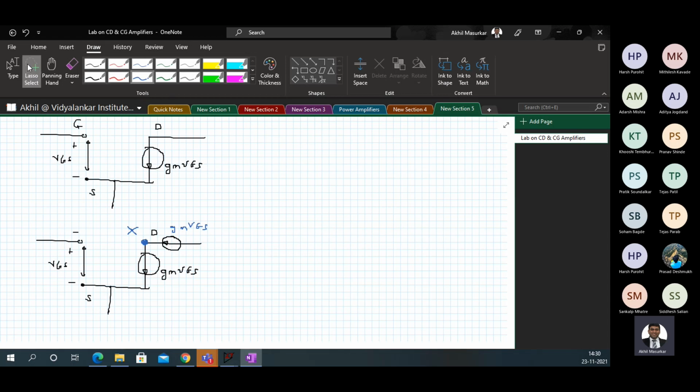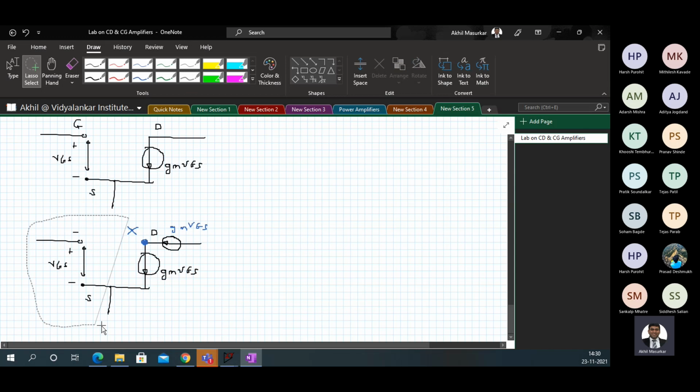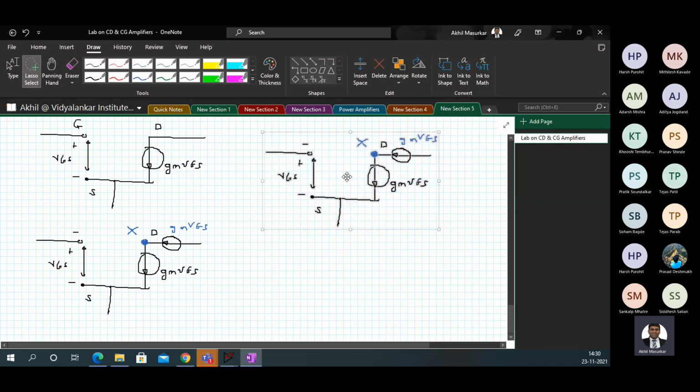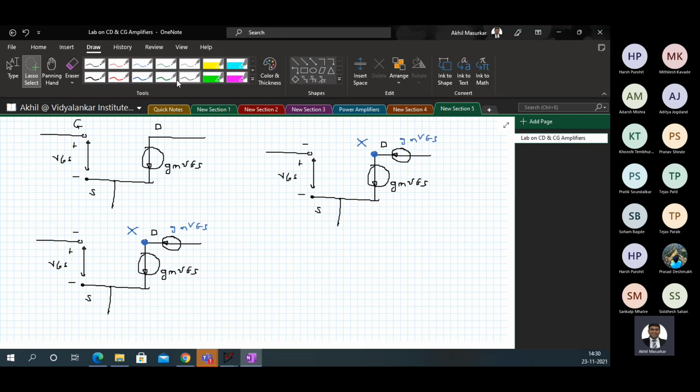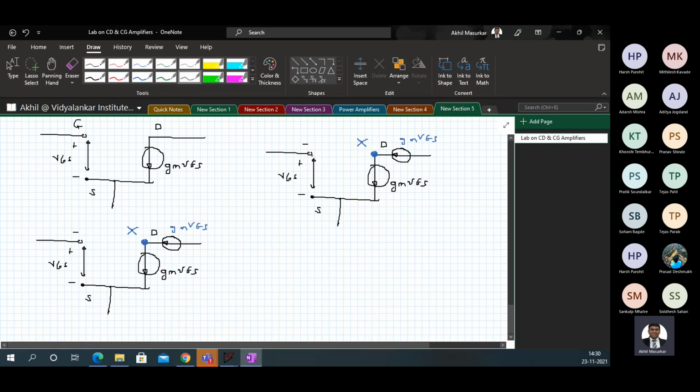Now I can take this circuit. Again, I am not violating any KVL or KCL. I introduced a node, and now I can join this like this.